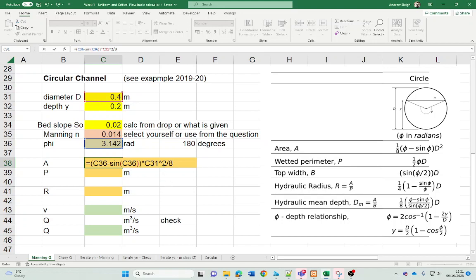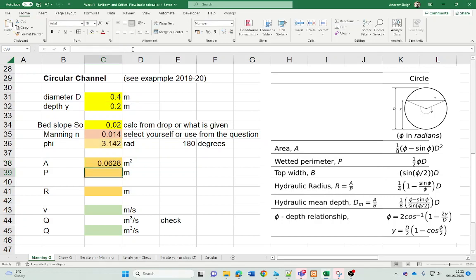Now I'm not sure whether it's going to put 2 over 8, but I think that is correct. That's going to use the 2 and divide it by 8. So area, yeah, that is correct.